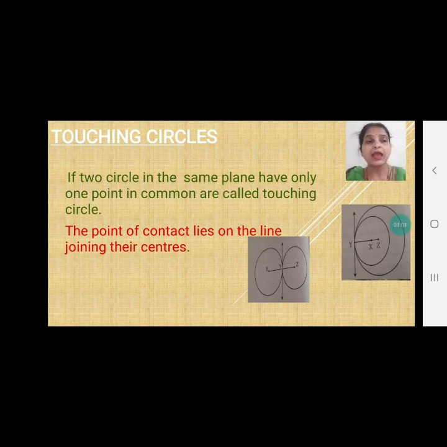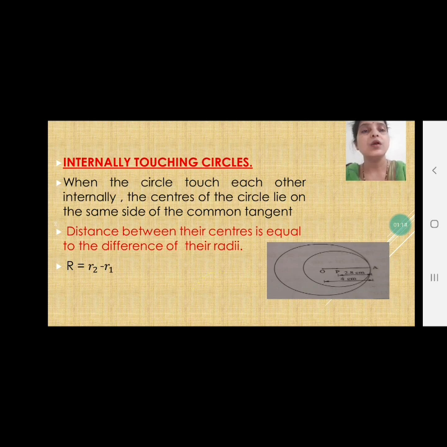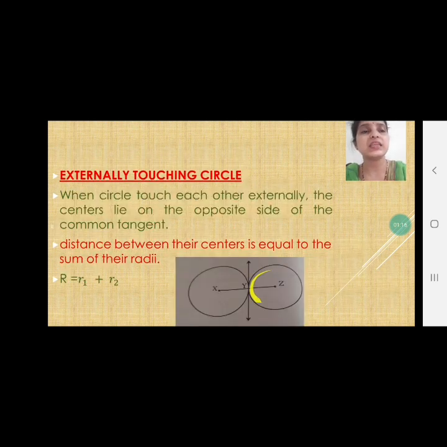First we'll discuss the circles touching externally. Here you can see two circles, a circle with center X and a circle with center Z, touching each other at point Y. You will observe that X and Z are on opposite sides of Y. So what do you conclude?